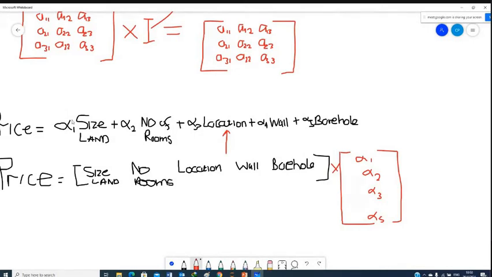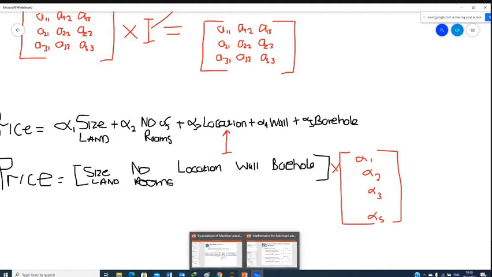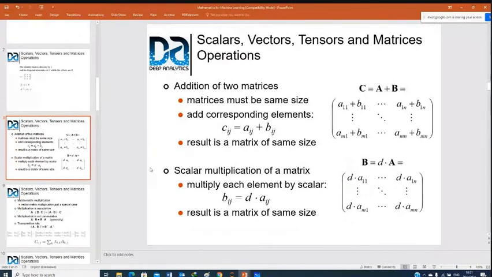So you find that a lot of the expressions and equations are actually written in matrix and vector notation. Right. Moving on. So addition is simple for matrices. The matrices must be the same size, and you add the corresponding elements, and the result is a matrix of the same size.